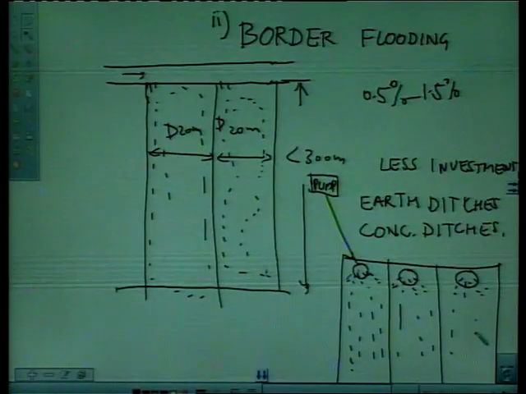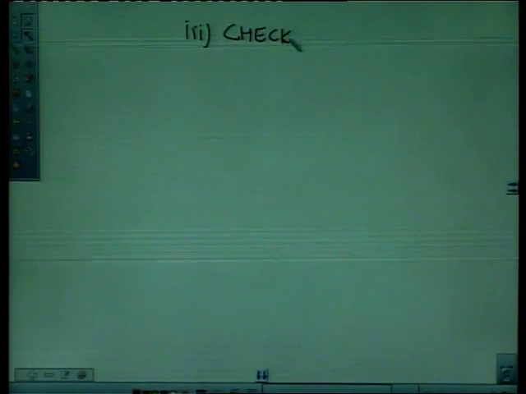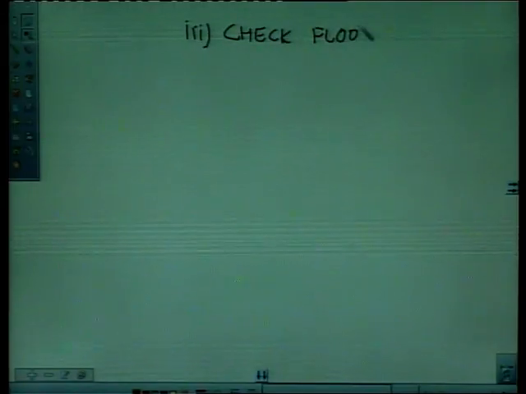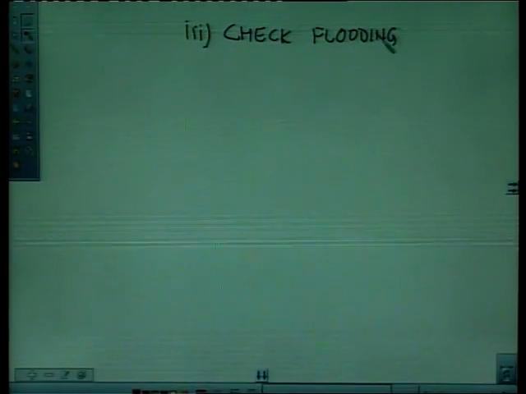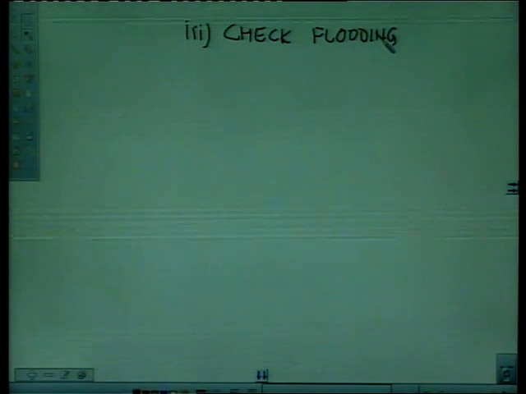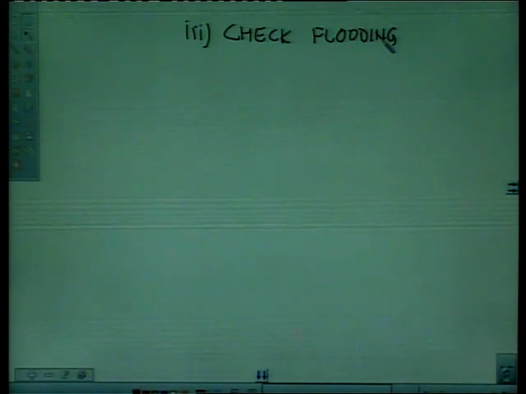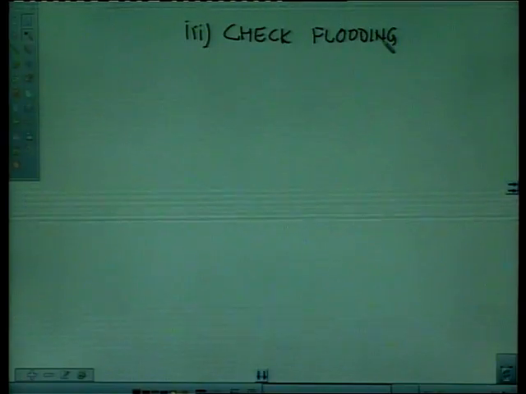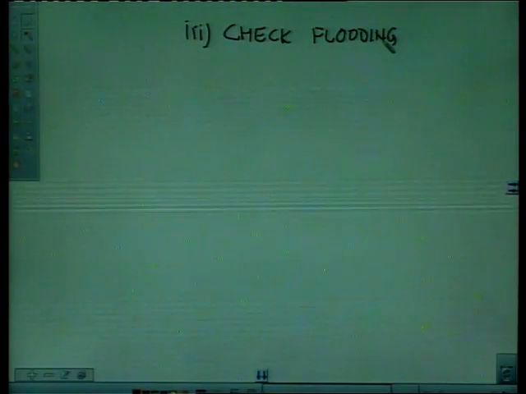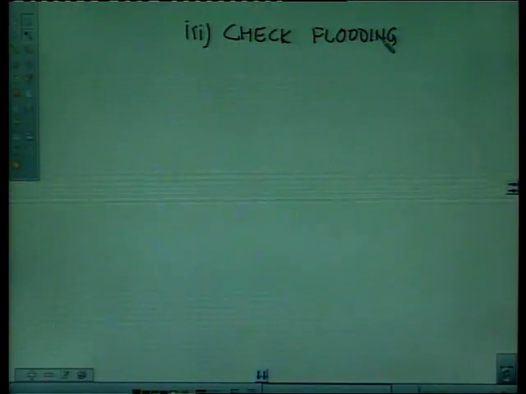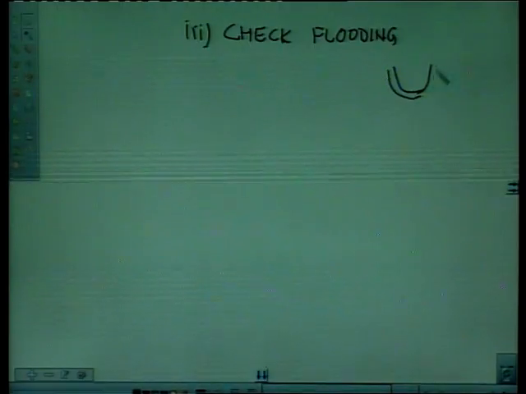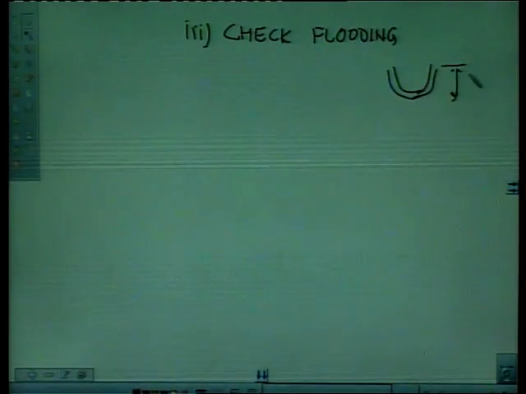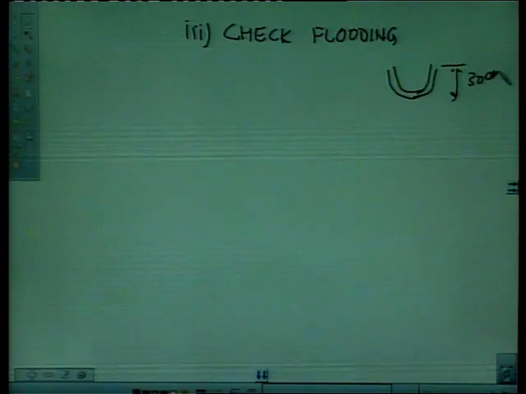So, this is border flooding. Then we are having check flooding. In this, the height of the levees is greater than 30 centimeter. Levees means the ditches. So, the ditch height is more than 30 centimeter.